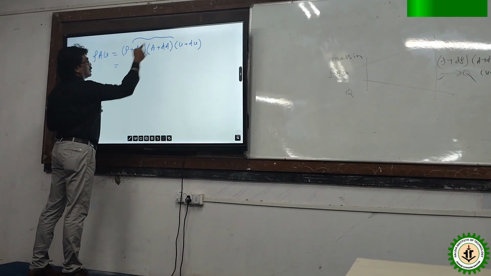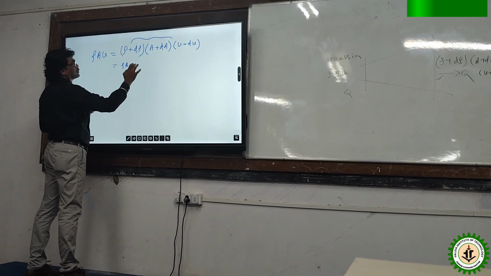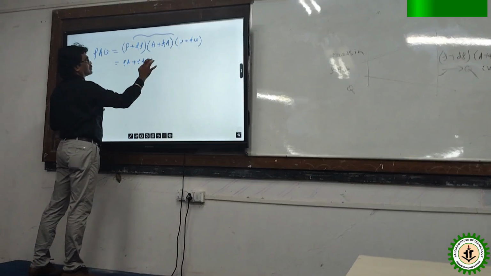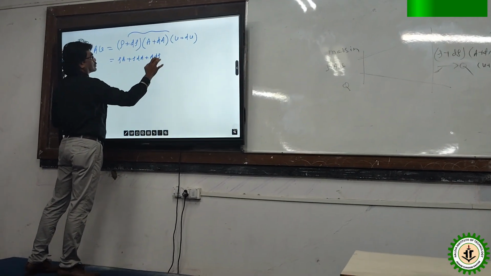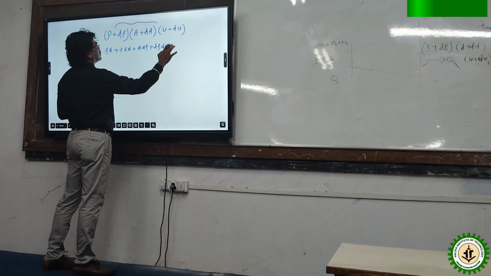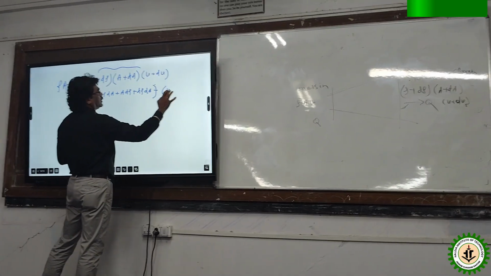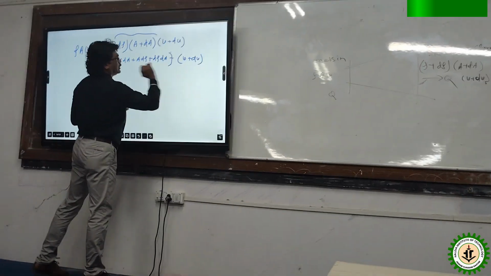First multiply these two. What value are you getting? rho A plus rho dA plus A d rho.